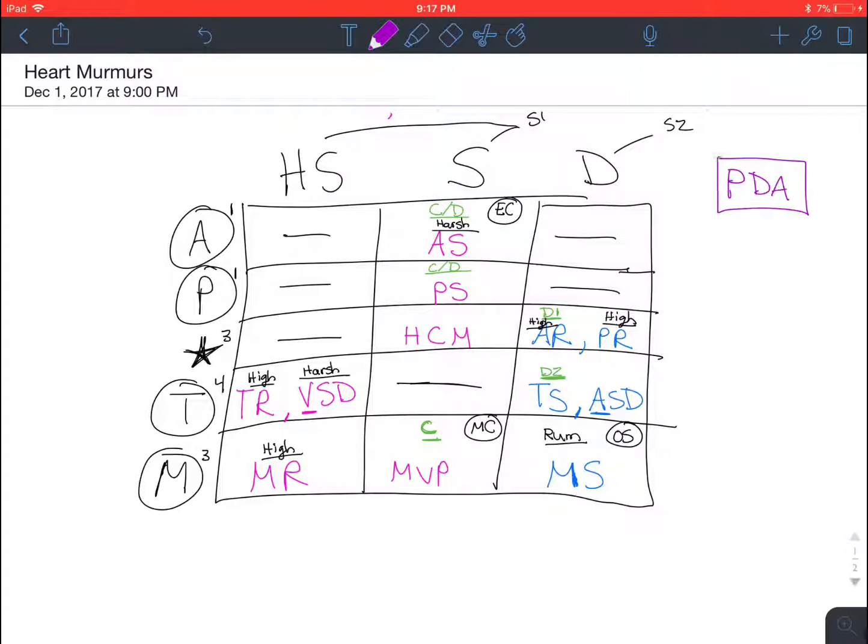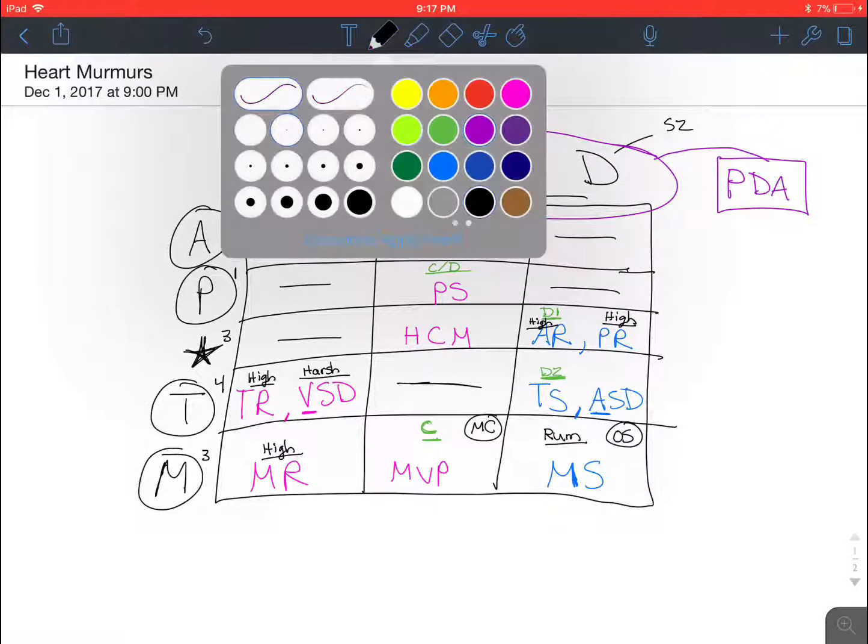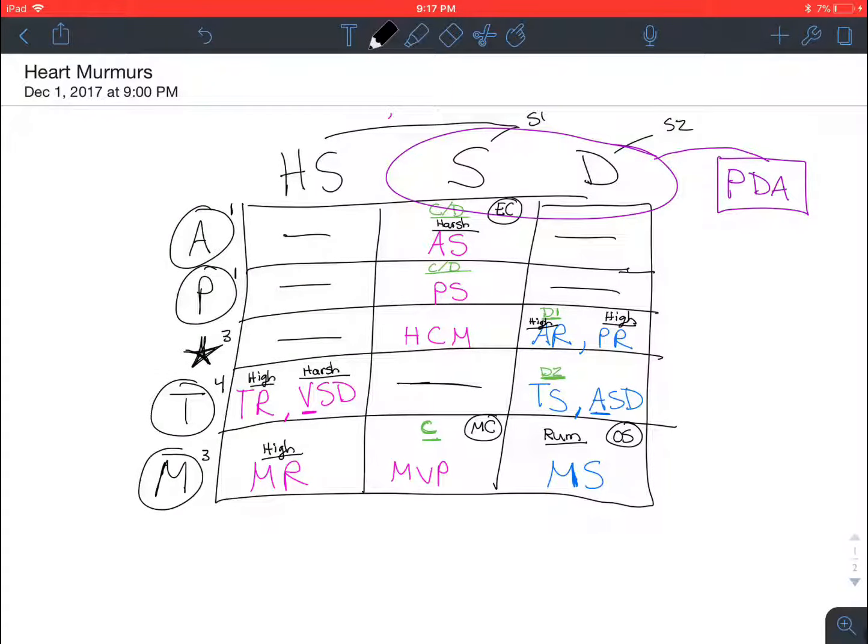arteriosus, PDA. The reason I didn't include it is because it's actually all of systole and diastole. It's continuous. And how it's described is a continuous machine-like murmur. So this is best heard at S2 because that's where it's the loudest.